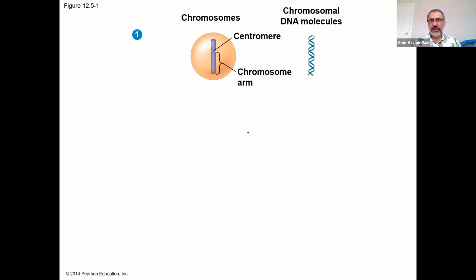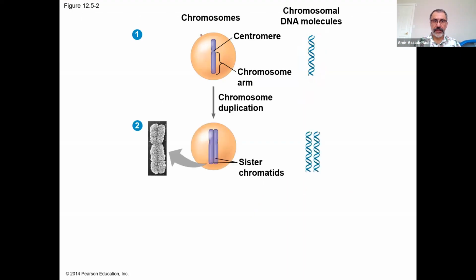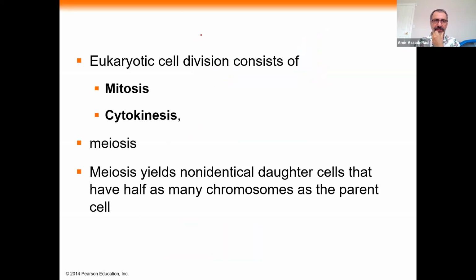Here they are showing you the structure of DNA, and the centromere, the chromosome arm, and then the whole thing is called a chromosome right here. And then their sister chromatids, everything that I talked about is right here.